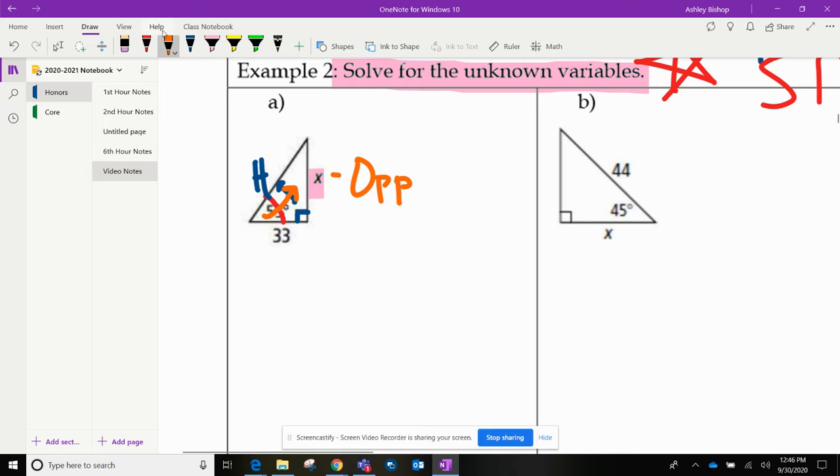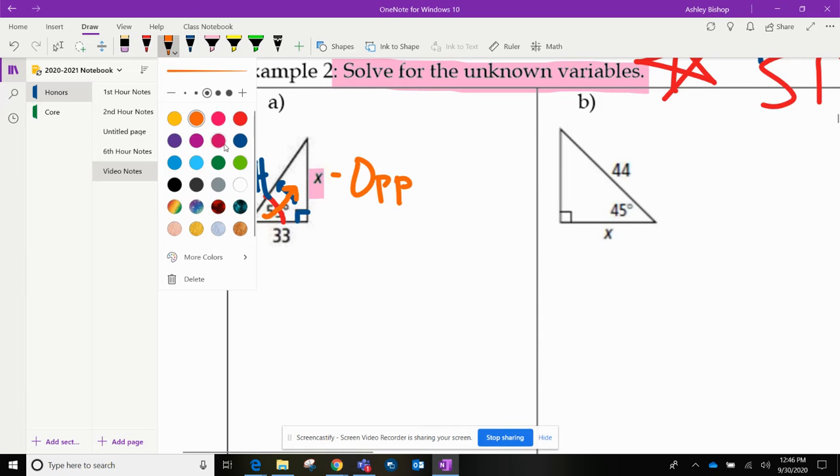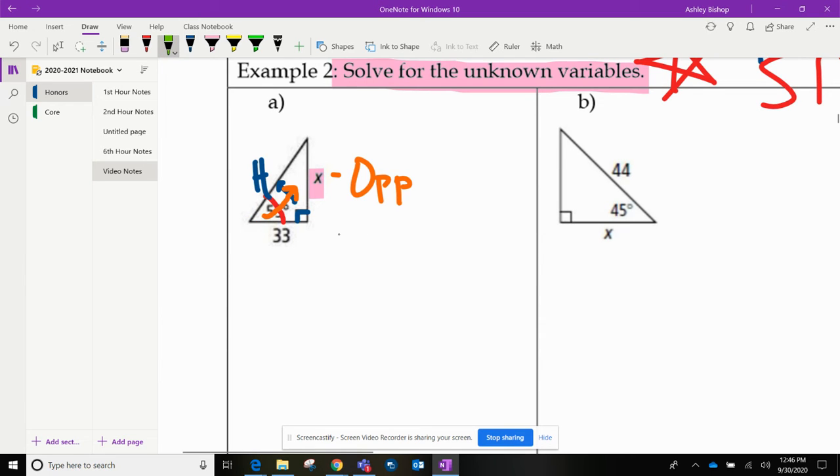And then my adjacent side is my last side that I have, adjacent over here. So I have labeled my three sides. I'm going to erase the arrows so we can see the rest of the problem. But here's my angle. Again, we know how to label these things.